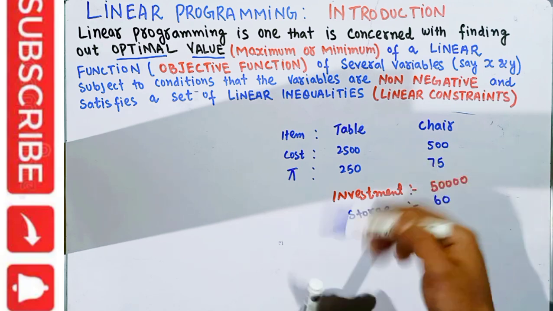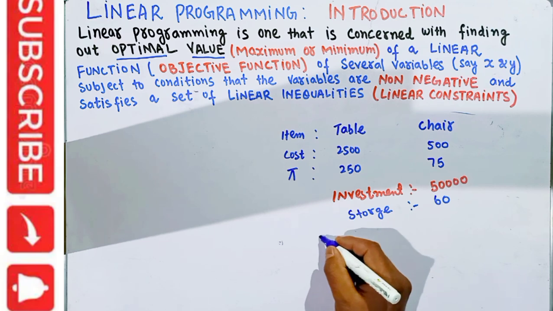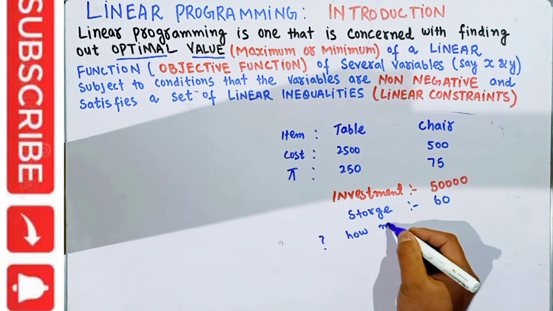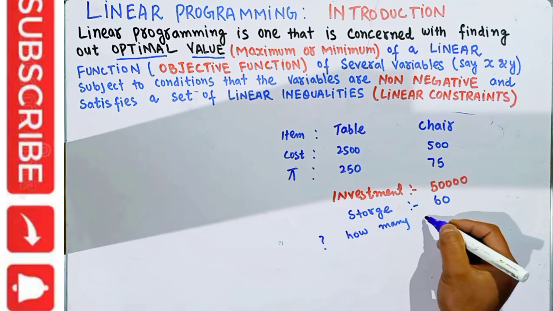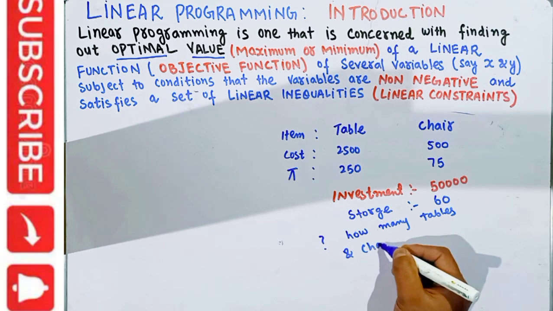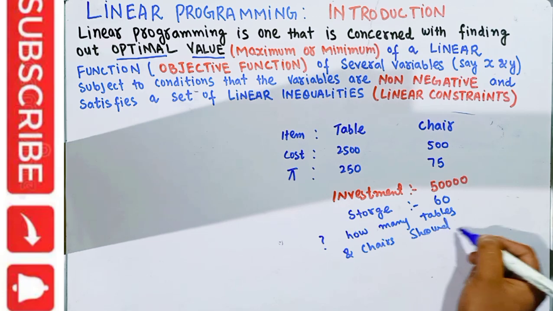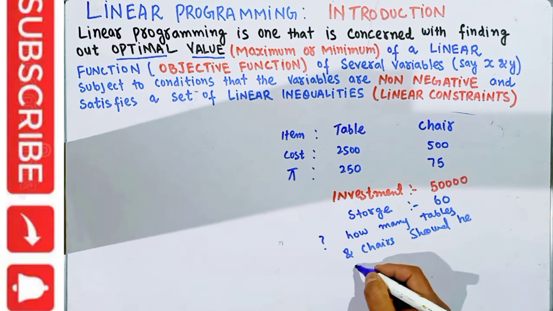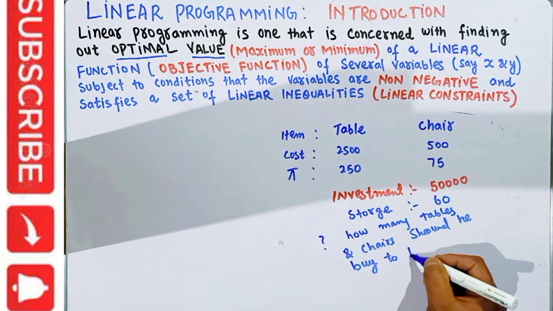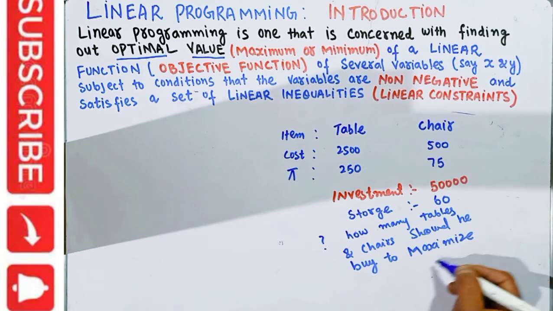So given this example, the question is: how many tables and chairs should he or she buy to maximize profit?